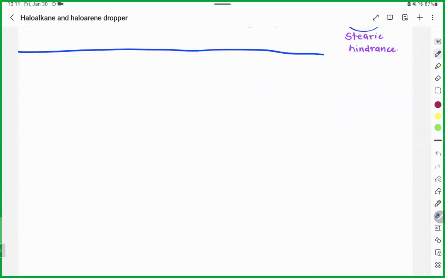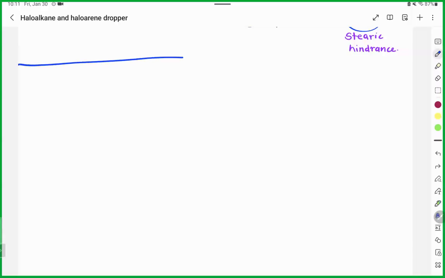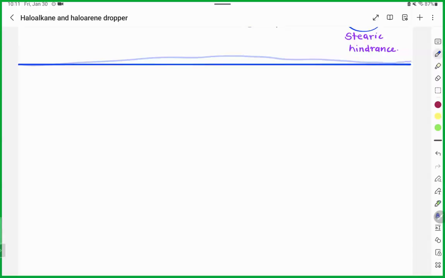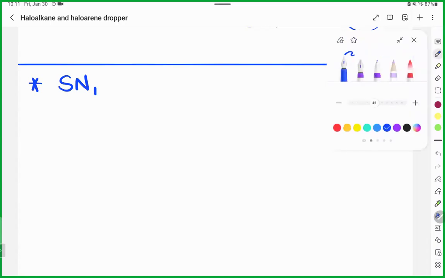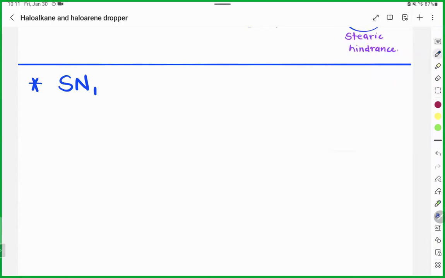When you are writing SN1, you have to make sure you are comparing SN1 and SN2. Comparison is extremely important between SN1 and SN2, both for board as well as NEET. NEET is more important, but you should know the difference.